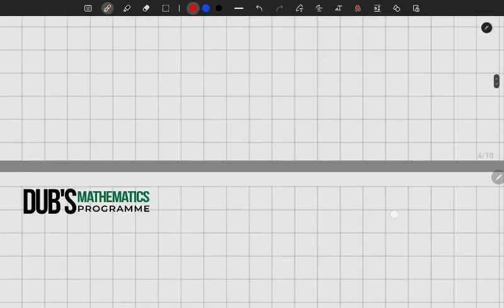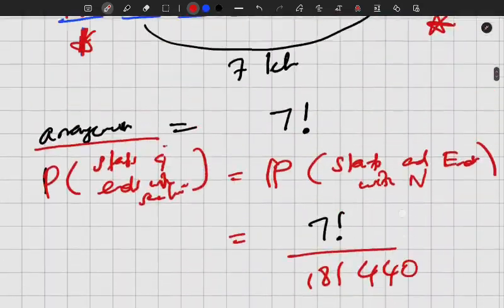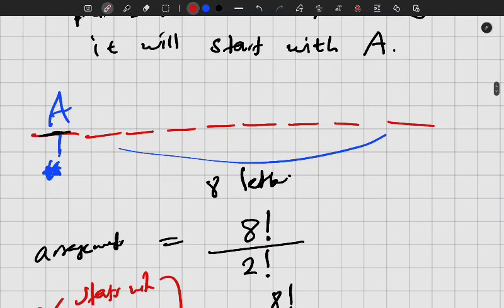That's how you deal with these questions. We'll look at another word, maybe the second example, and then that should be good enough.